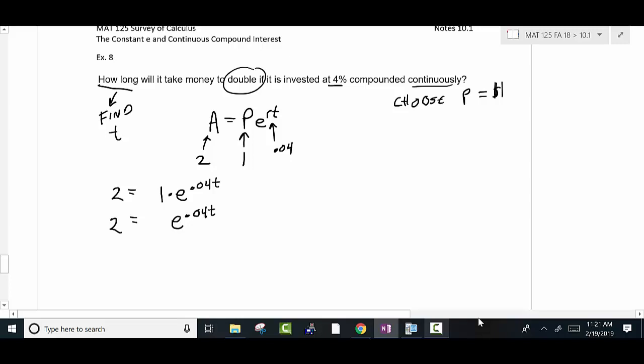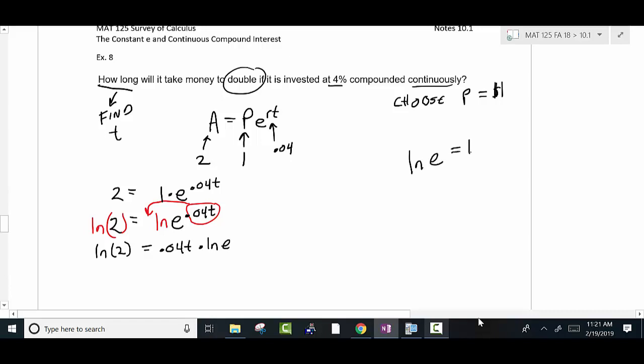You're going to take a log of both sides, like we did on the last problem. So do natural log of this side, natural log of this side. And then remember the property of log says the exponent comes down. So you'd have ln of 2 equals 0.04t times ln of e. What did I say ln of e was? If you forget that, you can do it on your calculator.